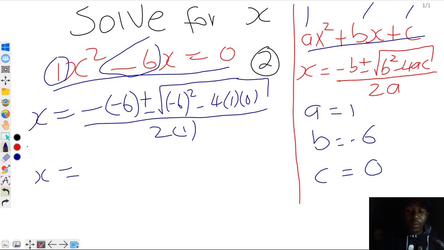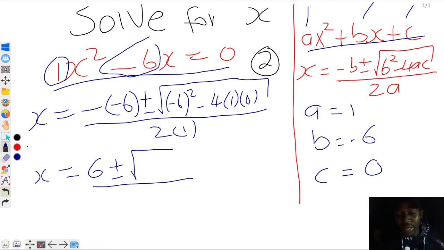Let's clean everything up and simplify. Negative negative is a positive. Under the root, everything gives us 0, so we are left with 6 squared, which is 36.